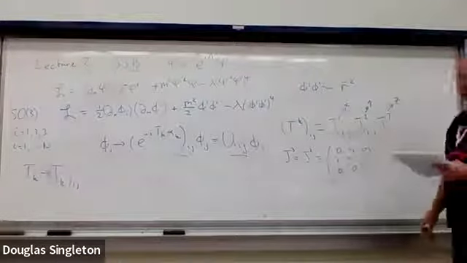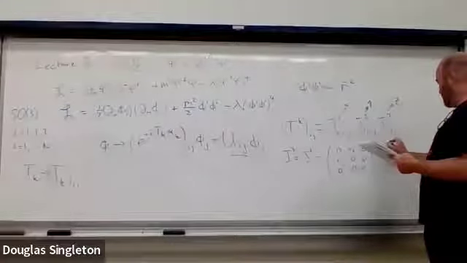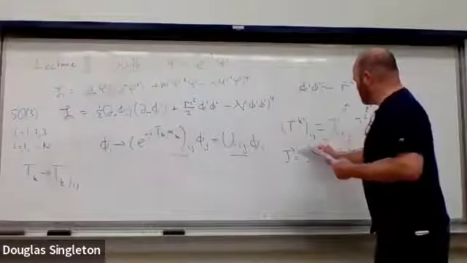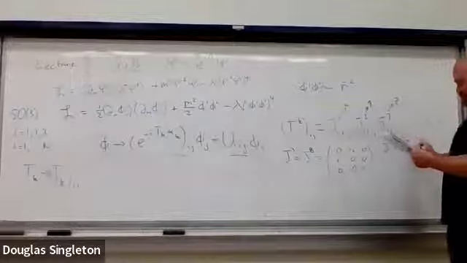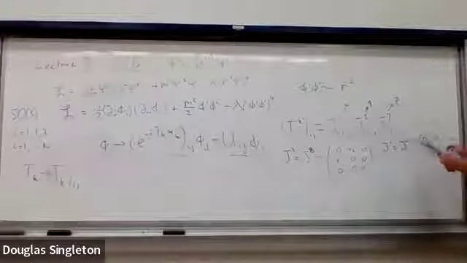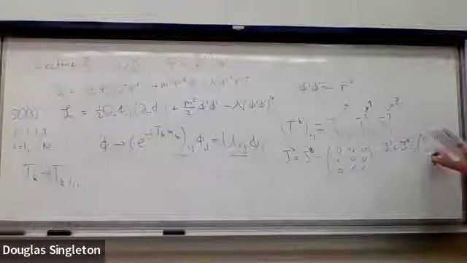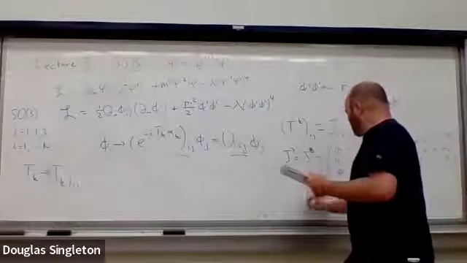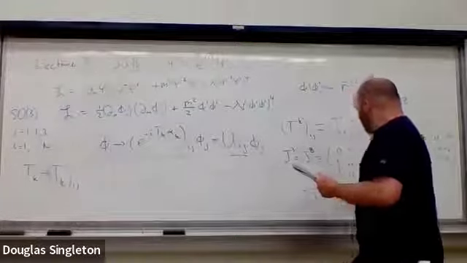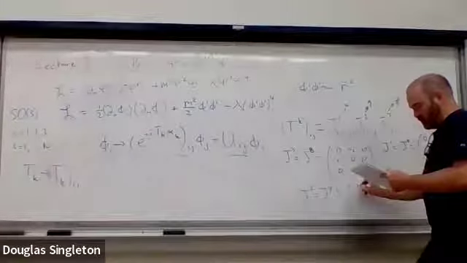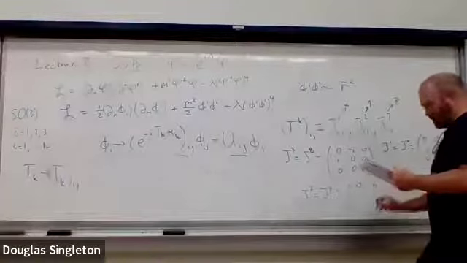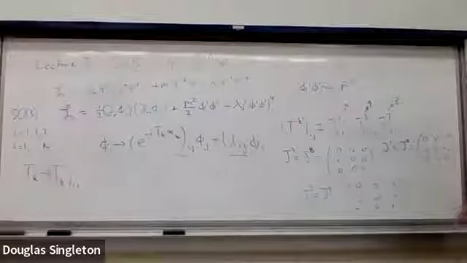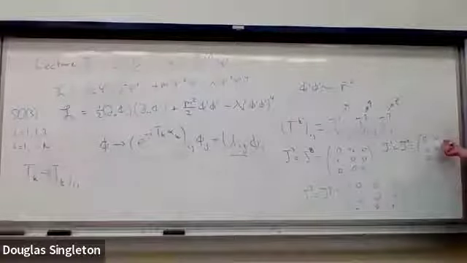Then J1, which is J_X, is basically 0, 0, 0, 0, 0, minus i, 0, i, 0. And finally, J2 is J_Y, which is basically 0, 0, i, 0, 0, 0, minus i, 0, 0. So these are the generators for rotations.